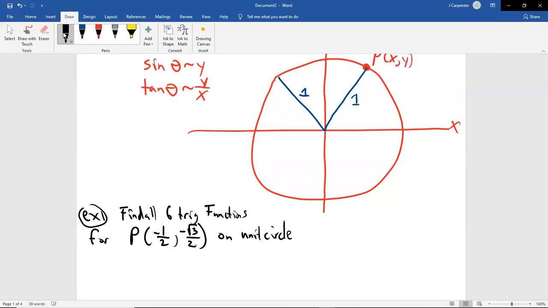Now, I don't actually have to say that it's on the unit circle. If you tried to determine the radius of this, it would turn out to be 1. If you squared both of those and added them, you would get 1. So it's on the unit circle whether I told you that or not.